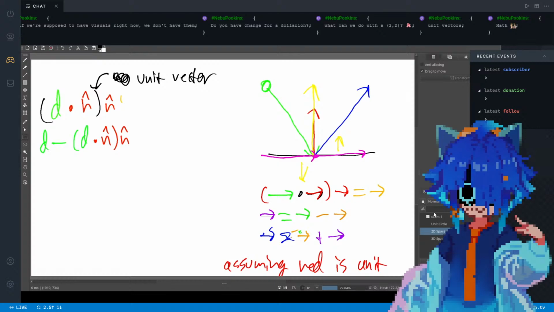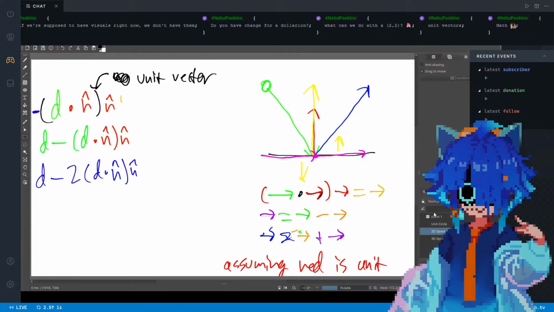Well, we mentioned that for the blue vector, we want it to be the negative direction along the normal. So we want to negate this. And if we add these two together, we get D minus 2 times D dot N in the direction of N.